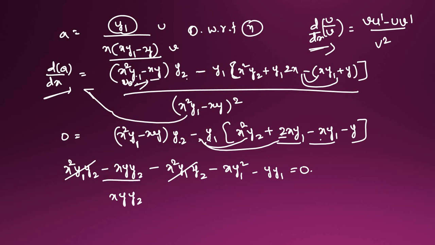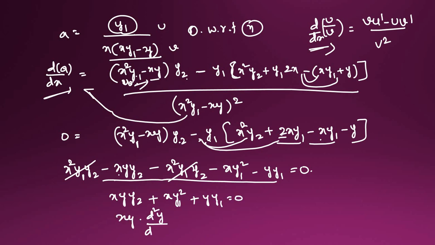This minus I will take common from all these terms, this minus will go, and it will become plus x y1 square, and this plus y1 is equal to 0. So this is xy into d square y by dx square plus x into dy by dx whole square plus y into dy by dx is equal to 0.